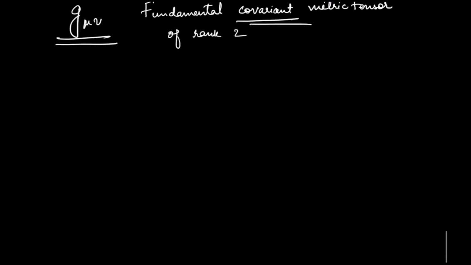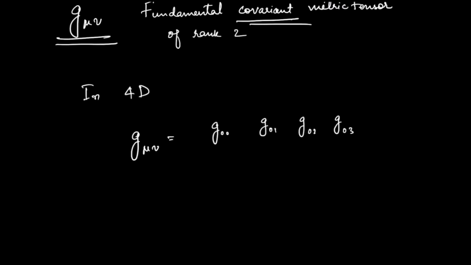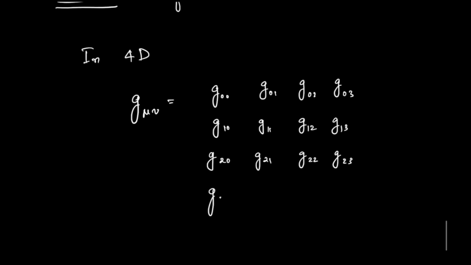In four dimensions, g mu nu can be represented as g00, g01, g02, g03, g10, g11, g12, and so on, up to g30, g31, g32, g33.